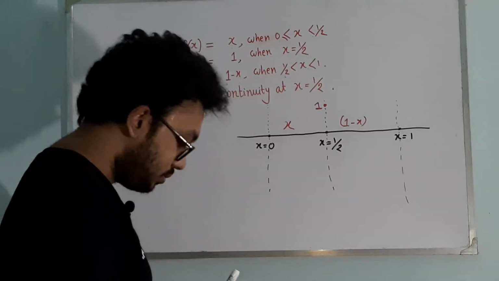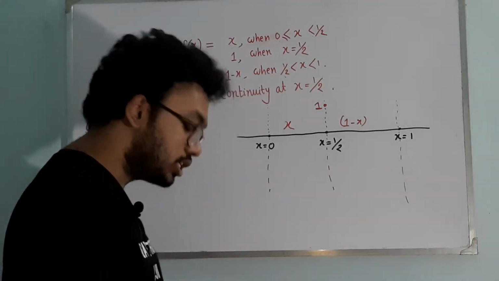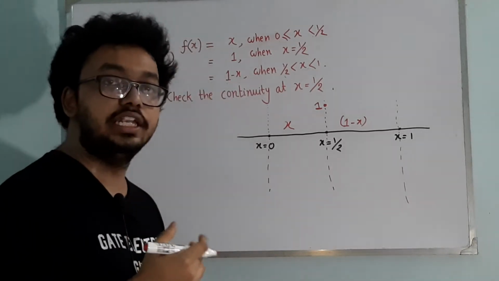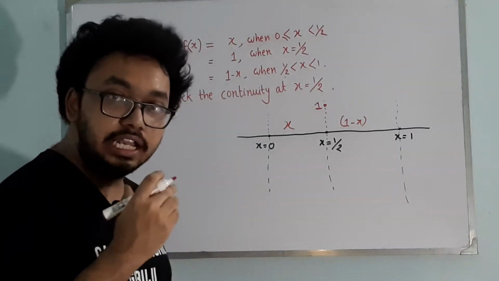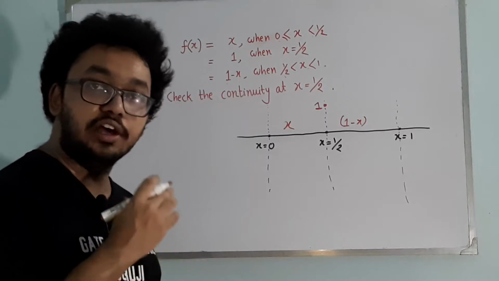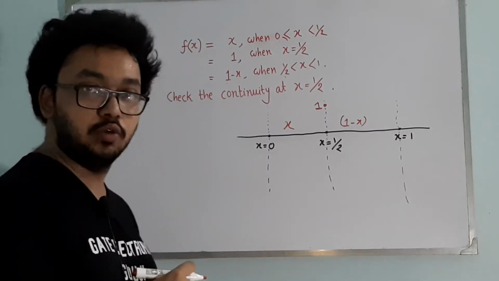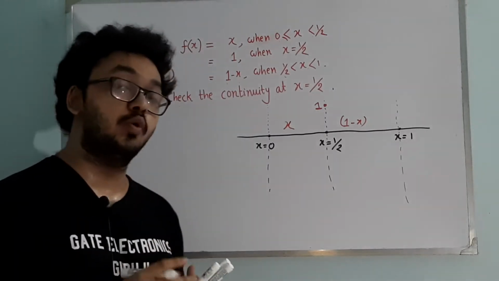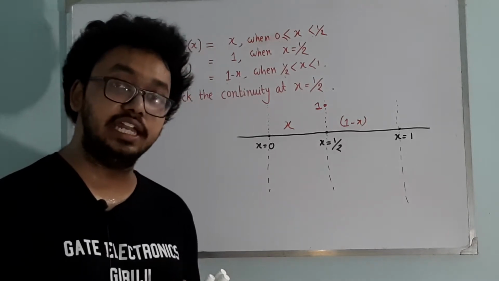We have to check the continuity of the function f(x) at x equal to half. We know that a function is said to be continuous at a point if the limiting value of the function at that point is equal to the functional value at that particular point. So what is the process of checking the continuity?